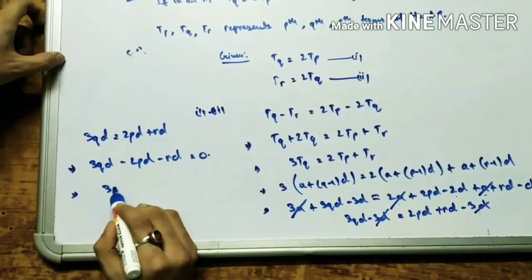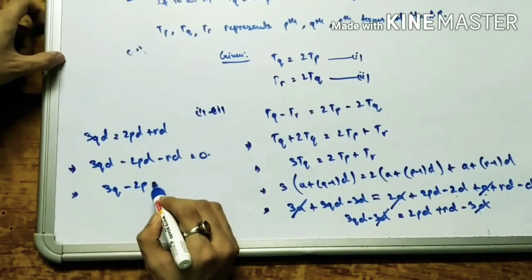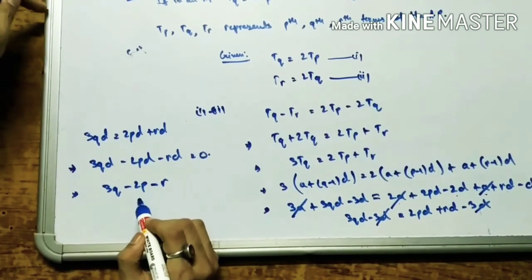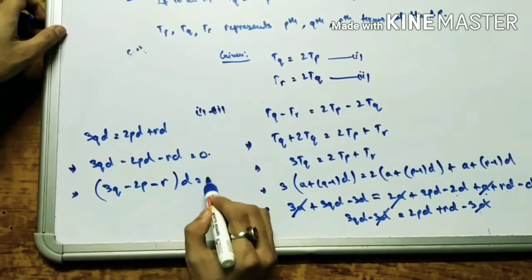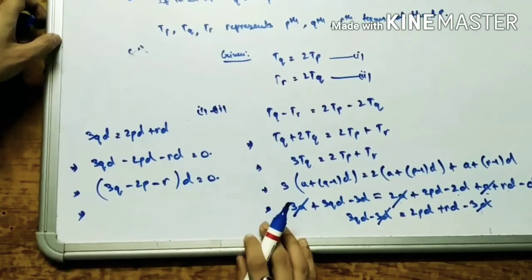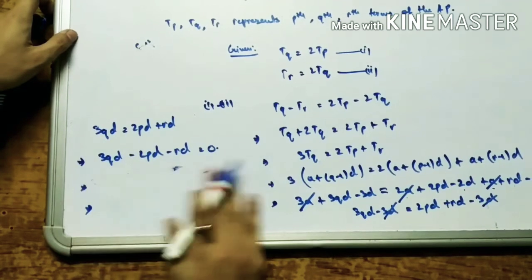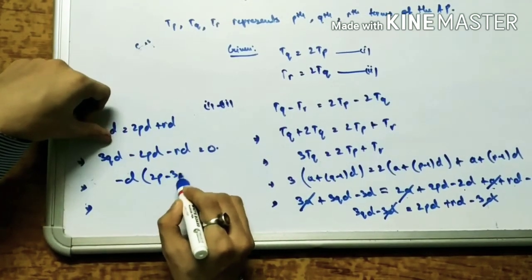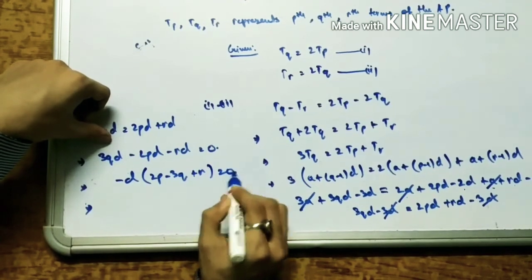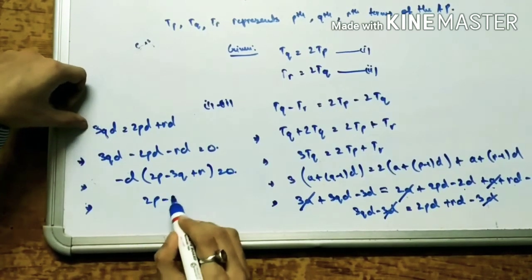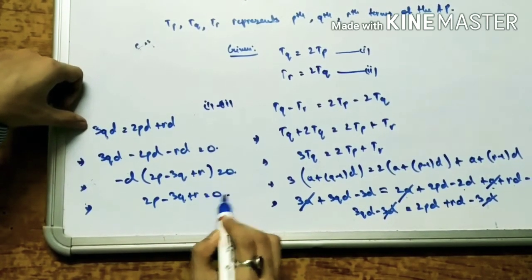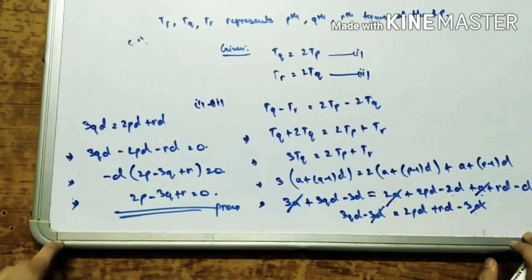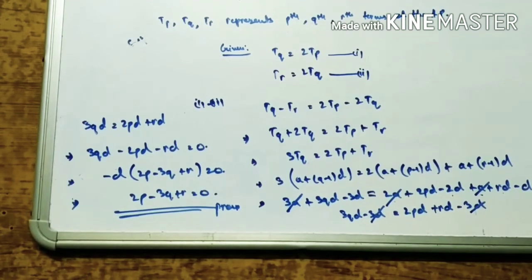If I take D common, I will get thrice Q minus twice P minus R. Let me take minus D common. Then I will get twice P minus 3Q plus R is equal to 0. So ultimately I will get twice P minus 3Q plus R is equal to 0. This is our proof. Understand? So in this way also you can do. Okay, very easy there.